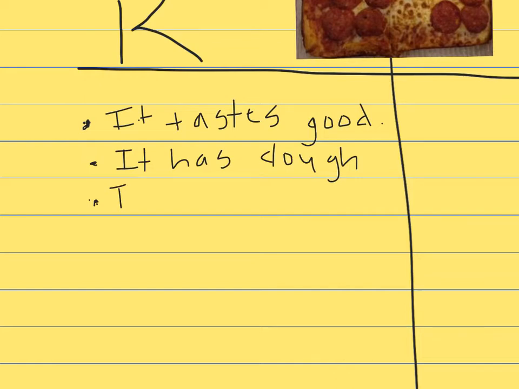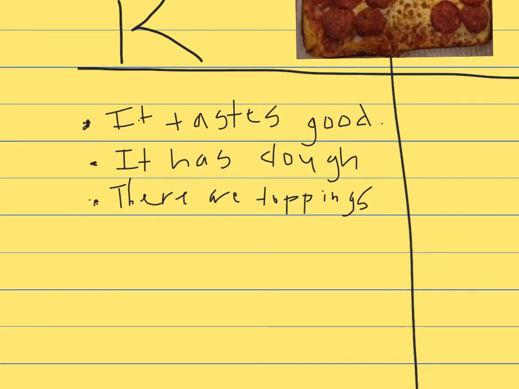Oh, that is really sloppy. Actually, it might be easier to just write with my finger. There are toppings. So there are things that go on top of the pizza to make it even tastier.